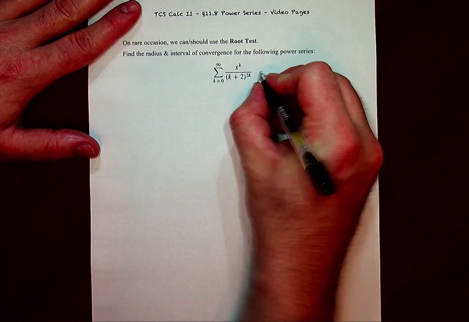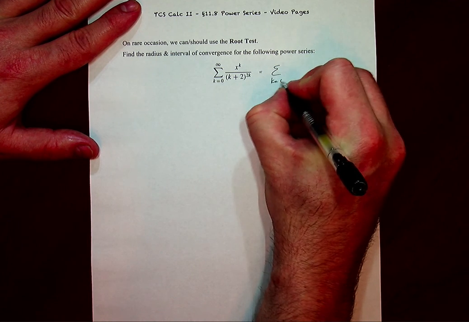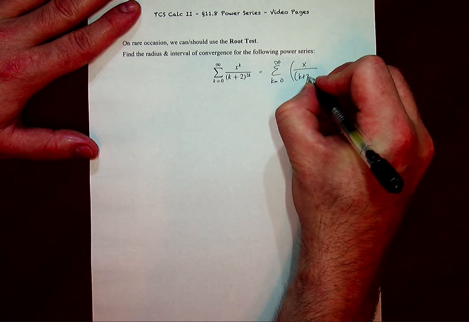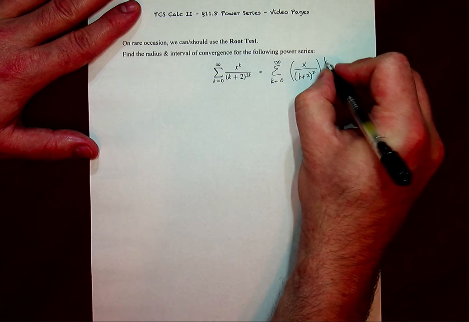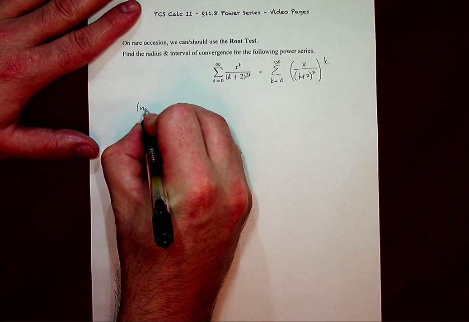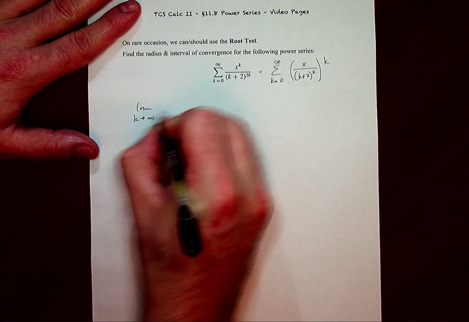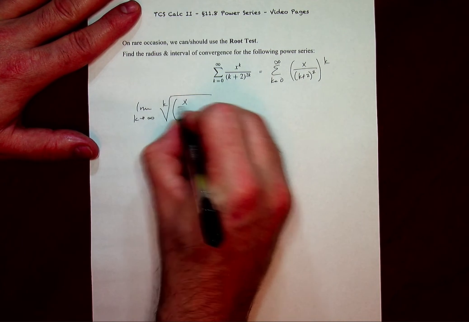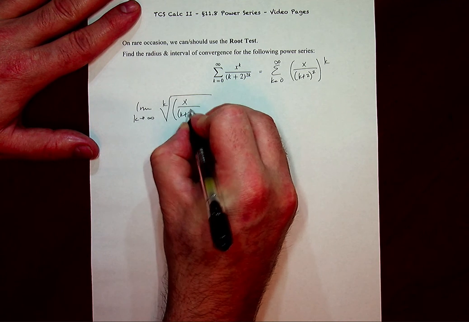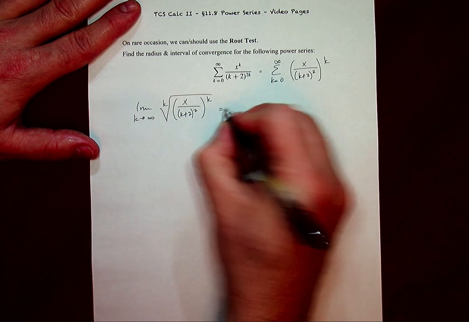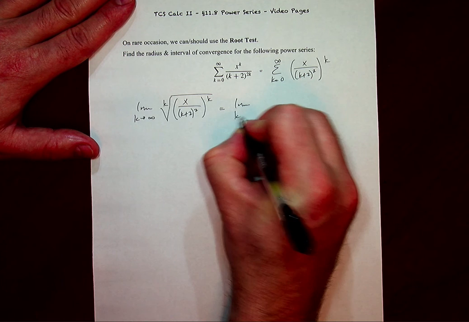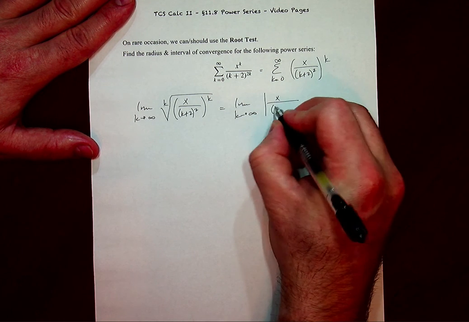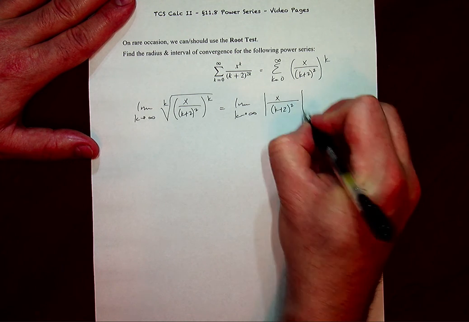Because this can be rewritten as x over (k plus 2) squared, all of that to the k, the limit as k goes to infinity of the kth root of this is just the limit as k goes to infinity of x over (k plus 2) squared.